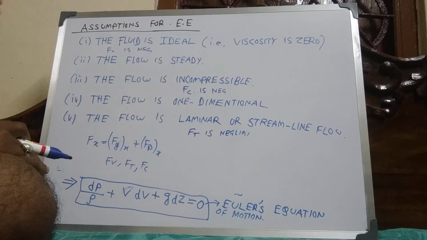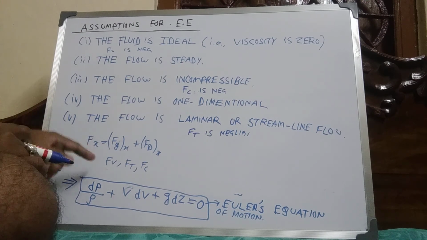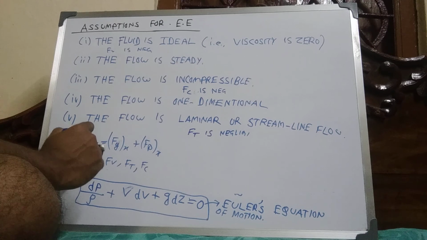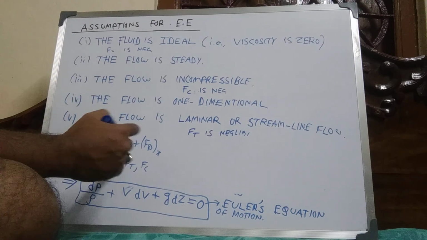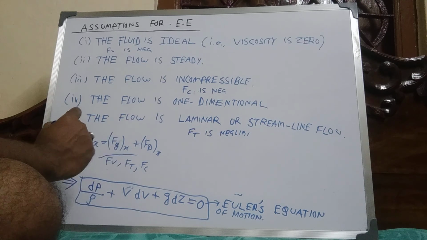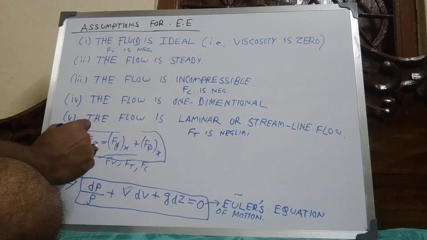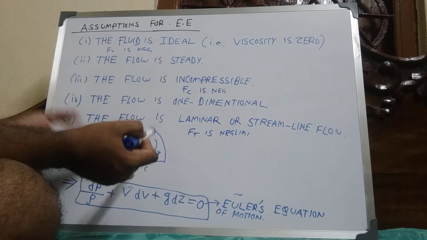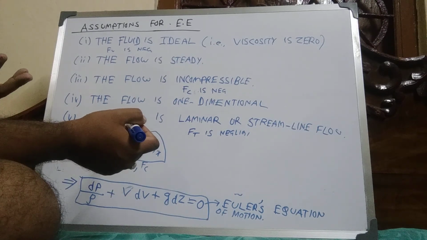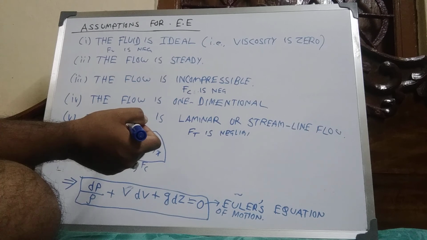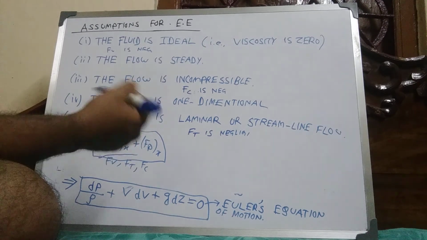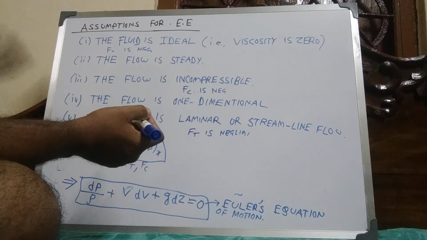If you can't remember the assumptions for the Euler equation of motion, you can get them from this equation. Fv is negligible, means no viscosity, so the fluid is ideal. Force due to turbulence is negligible, so the flow is laminar.